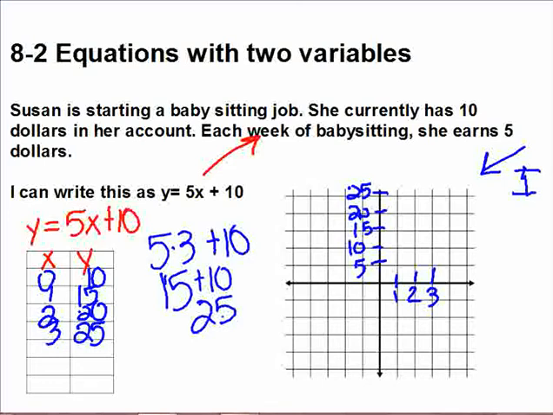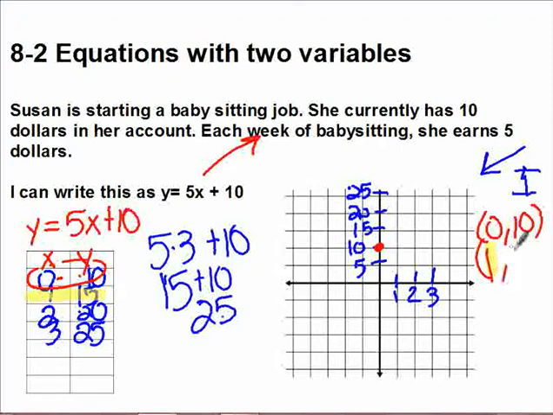The first point is 0 and 10. 0, 10. I can write that as an ordered pair: 0, 10, which means at 0, I don't go to the right or the left, and then on the y-axis I go up to 10. The next ordered pair on my t-table is 1, 15.